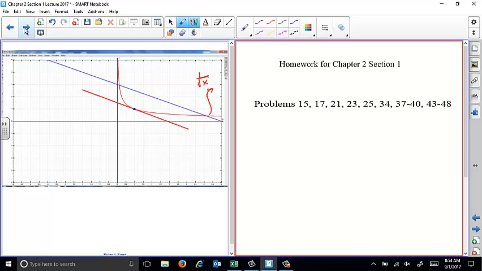The other thing we're going to learn how to do: we've learned how to take the derivative, which is the slope of the tangent line. The second thing is to come up with an equation for the tangent line. Once you can calculate the derivative, you can calculate the slope at any point on a curve. If you know the slope and you know that point, where you're plugging in x equals something, then we're going to be able to plot the tangent line to the curve.